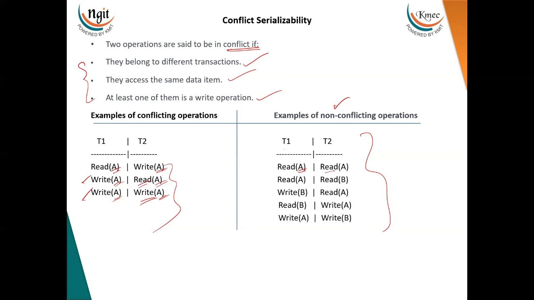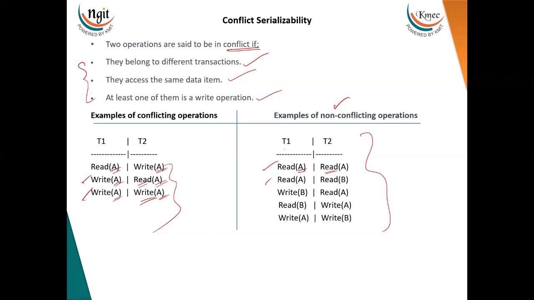When multiple transactions perform read operation on the same data item, it is not going to impact the data item. It is because they are allowed to perform only read. They are reading the information. No sort of changes are made to the data item by any of the transactions. Clear? That is why these two will be a non-conflicting operation.